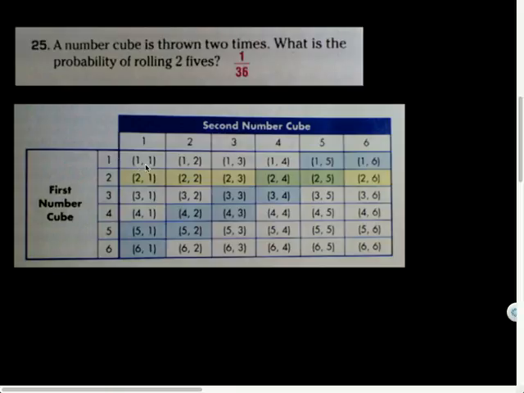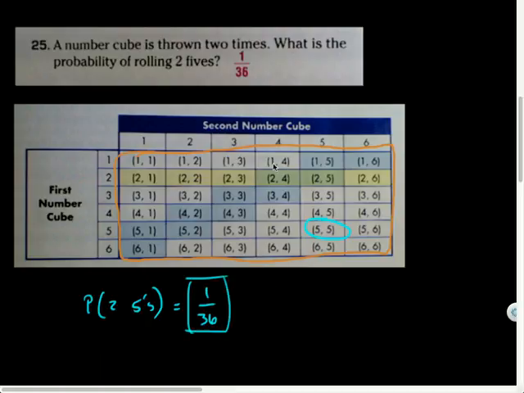So I could roll a 1 then a 1, a 2 then a 1, a 3 then a 1. So what's the probability of rolling 2 5s? Well, one way out of how many total? 36. So the probability of 2 5s is 1 out of 36.